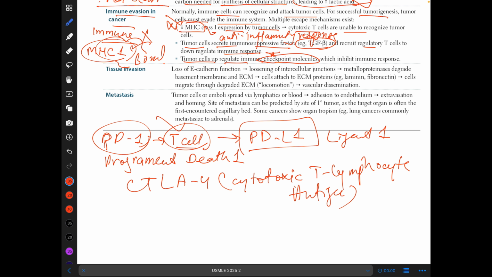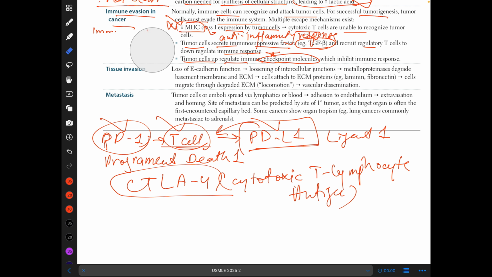Don't forget, it's an important thing. It's also present in another topic, like PD-1, PD-L1. PD-1 is present on T cells. It will attach with PD-L1 and become inactive, and there is one more protein, antigen CTLA-4. Okay?